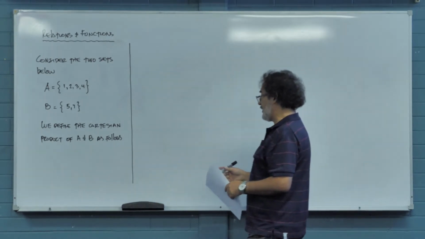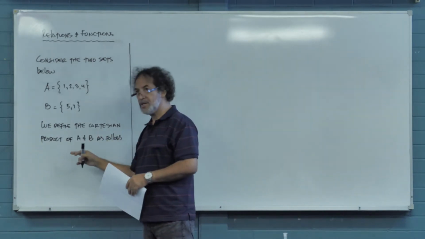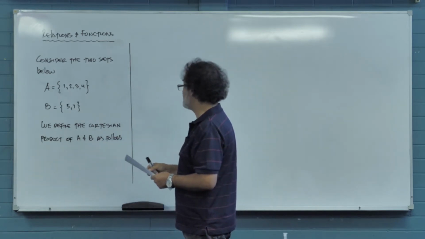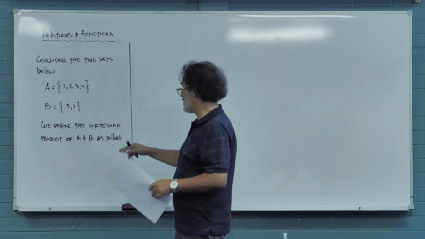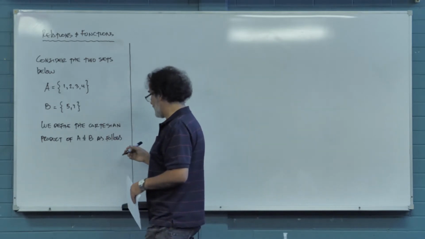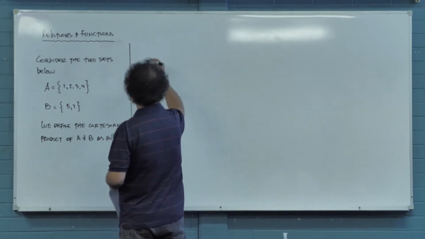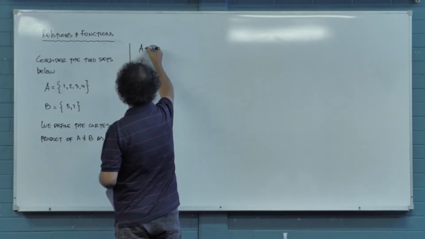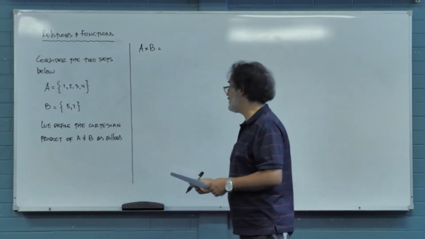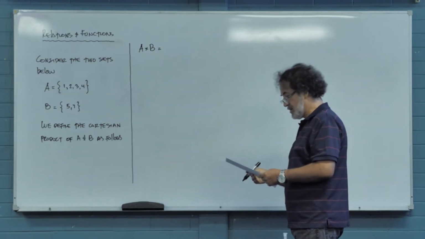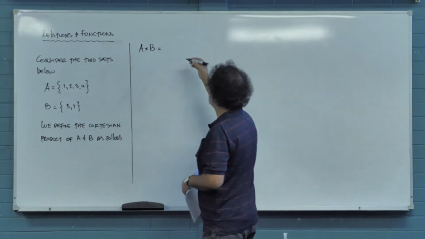In here you can see the word product. That is telling you that we can actually multiply sets, but we're going to multiply them in a very particular way. So we're going to say A times B as this.